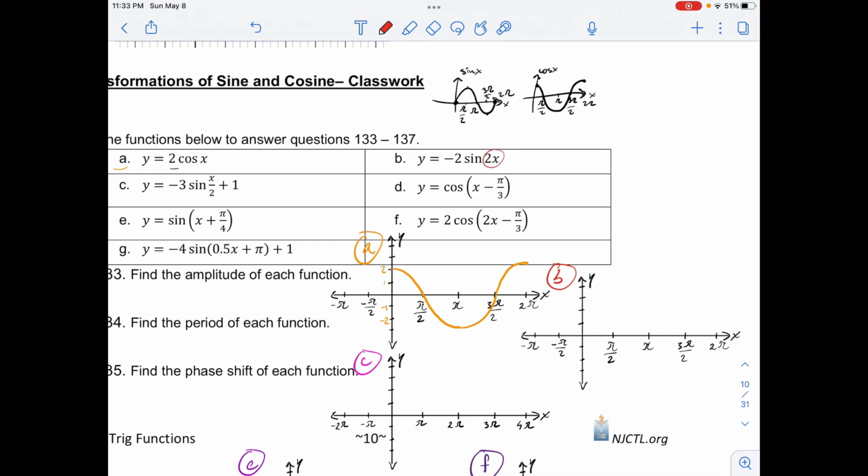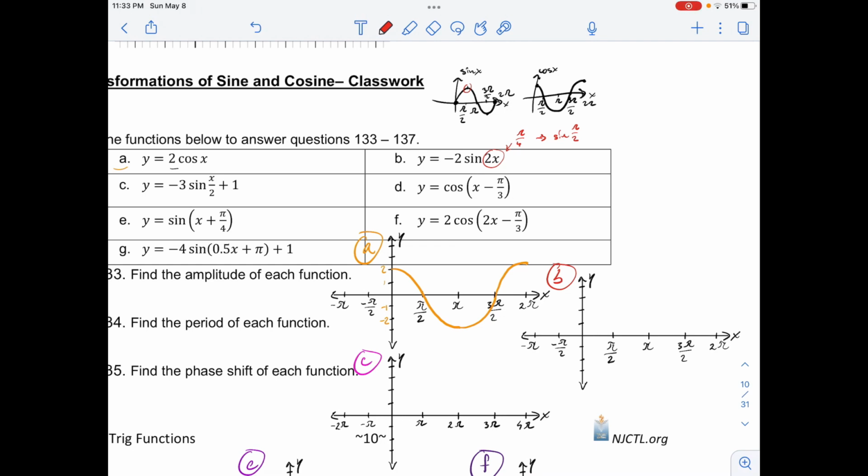Now moving on to B, we have negative 2 sine 2x. So this sine 2x means that we're going to shrink our function, because if we plug in a value of, let's say, pi over 4 for x, this is the same as sine of pi over 2. So for x as pi over 4, that's going to be the same value as pi over 2.